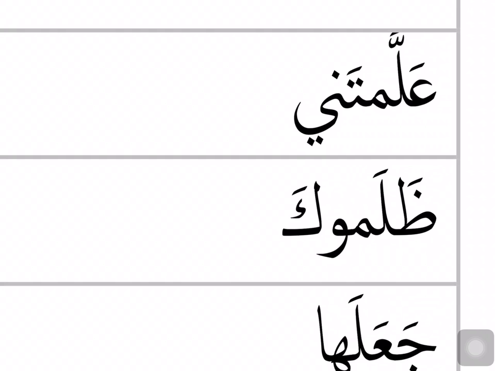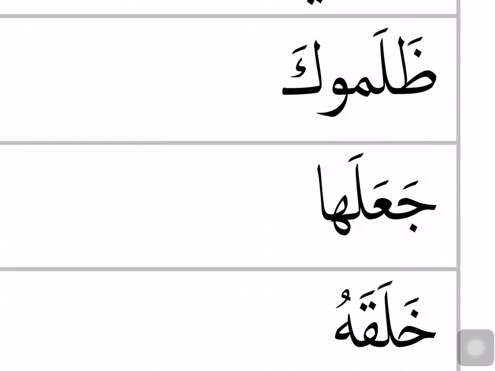You know that ya mutakallim forces whatever letter is attached to take a kasra for phonetic reasons. We don't want that in verbs because the form will change. Allamti would be like you girl taught me. But here we want to say allamtani, you male taught me. So anyway, it's fi'l madi, the fa'il is ta, and the maf'ul bihi is ya.